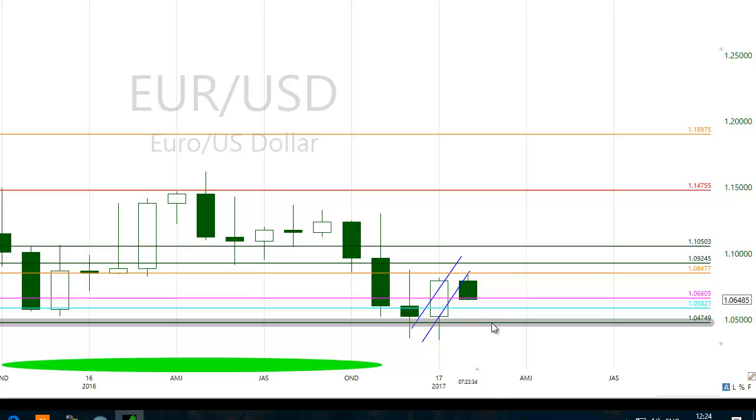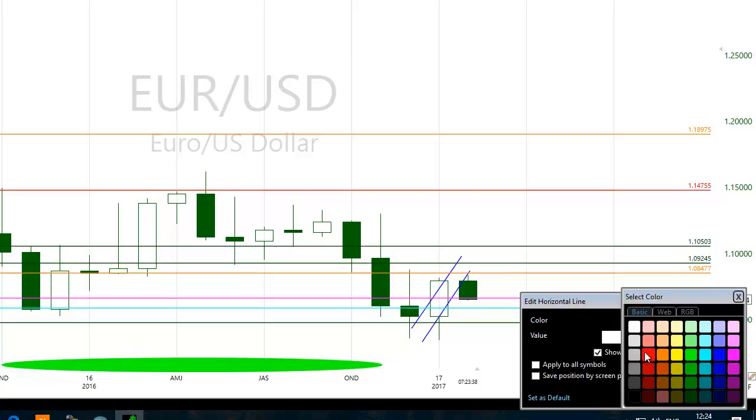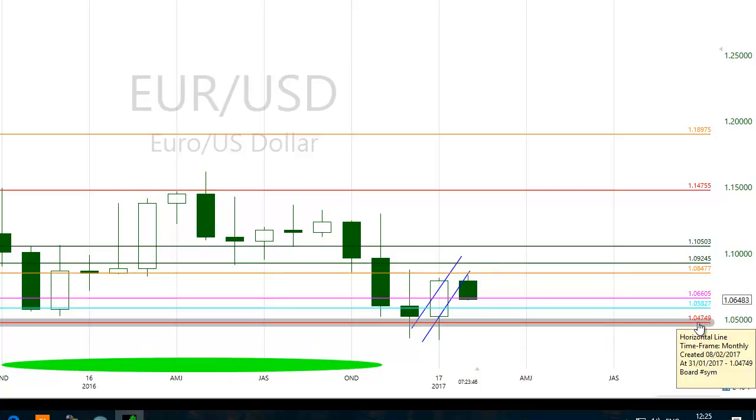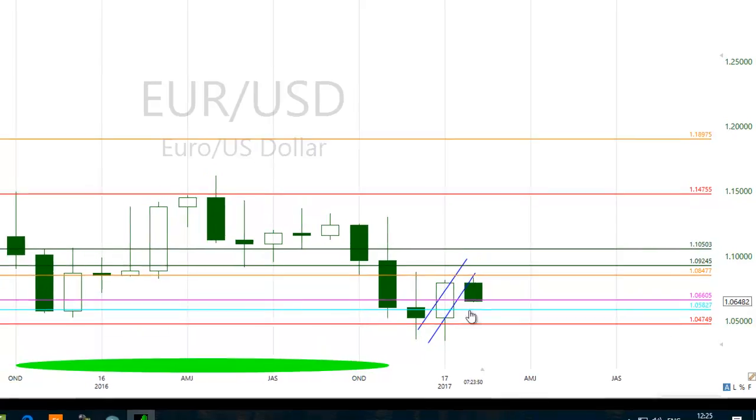So there is a new consolidation between 1.0847 and 1.0474.